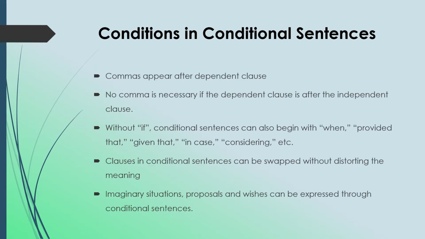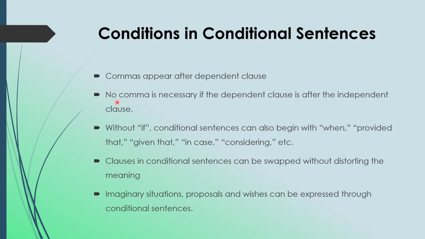Okay, so these are some basic tips and small things which you should remember while you are working with conditional sentences. First, commas appear after the dependent clause. So after the dependent clause, that means after the if clause. If it is the before one, then no comma is necessary.